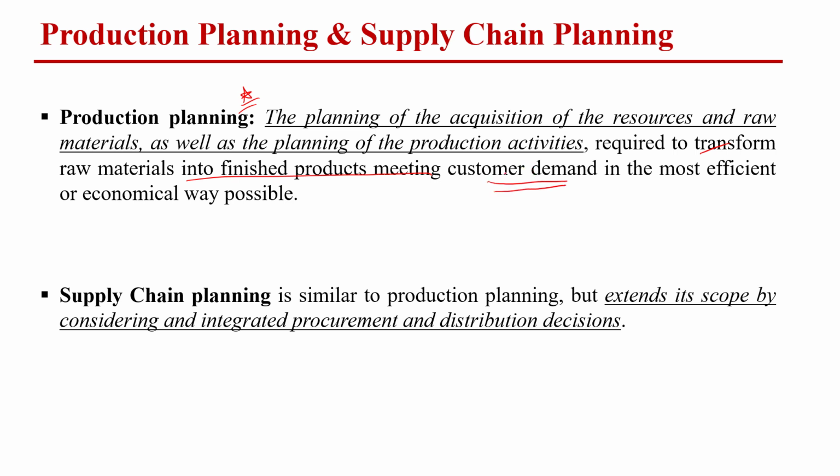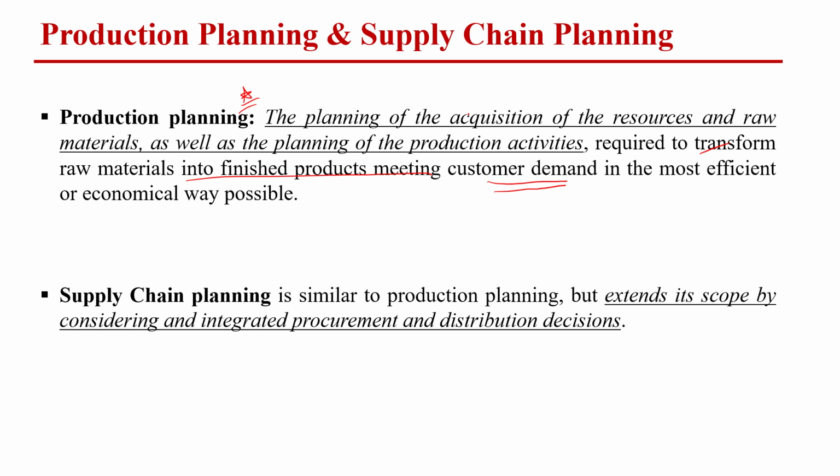So whenever we are developing the production plan, we should be able to know which product to produce, how much, and when. However, our capacity constraint shouldn't be violated, we have to meet the customer demand, and our total cost should be minimized.